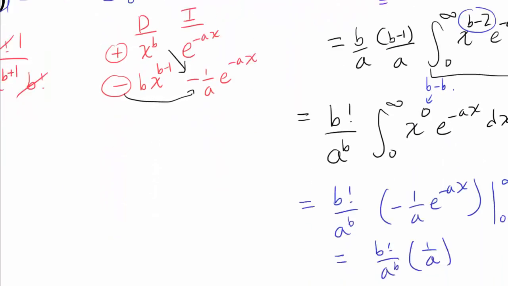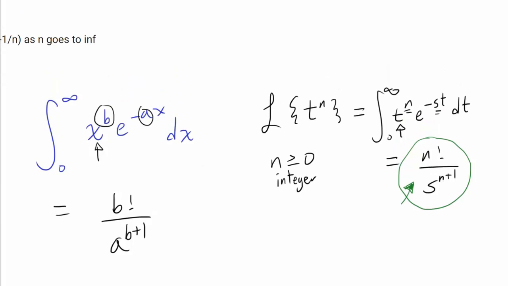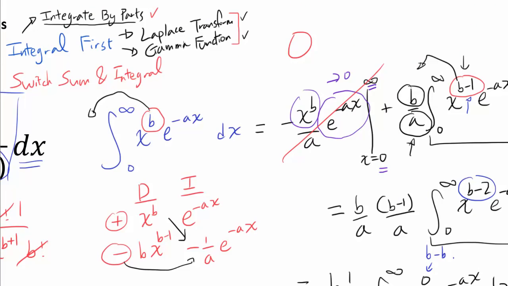Using this integration by parts, we have shown that this Laplace transform evaluates to n factorial over s to the n plus 1. But if you have taken differential equations, you may have this memorized, or you may have a table with this written explicitly on it. So you can really bypass the cumbersome integration by parts and find the answer right away. Anyway, that's another way if you saw it as a Laplace transform.